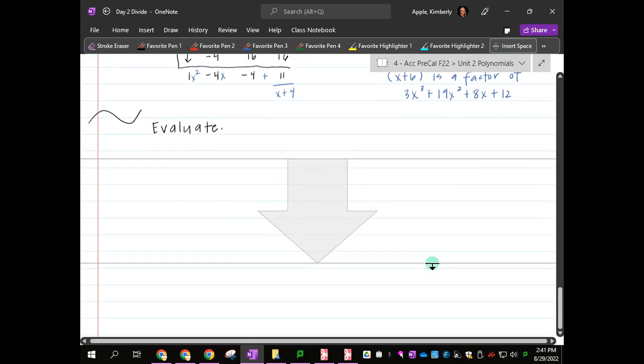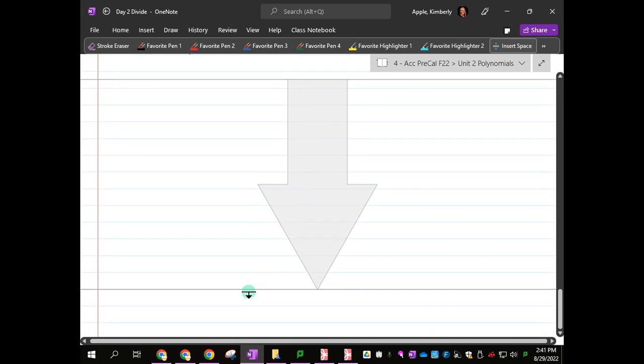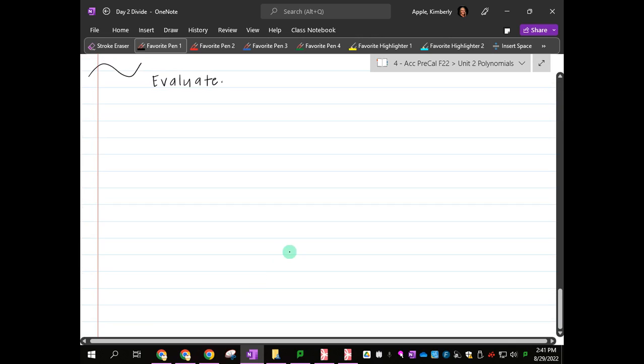So evaluate f of x equals 2x to the fourth power plus x to the third power minus 3x squared minus 6x minus 1 at x equals 3.